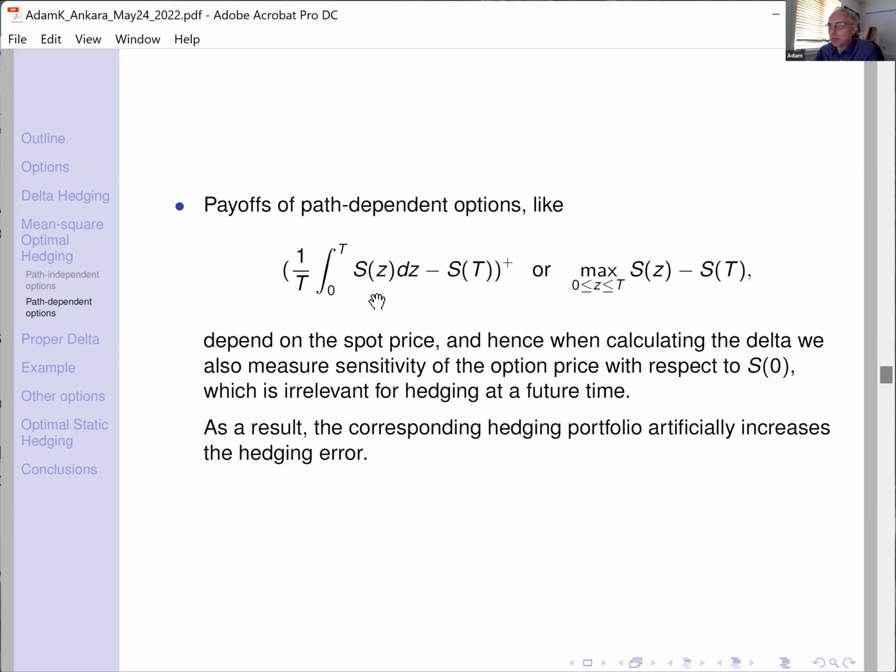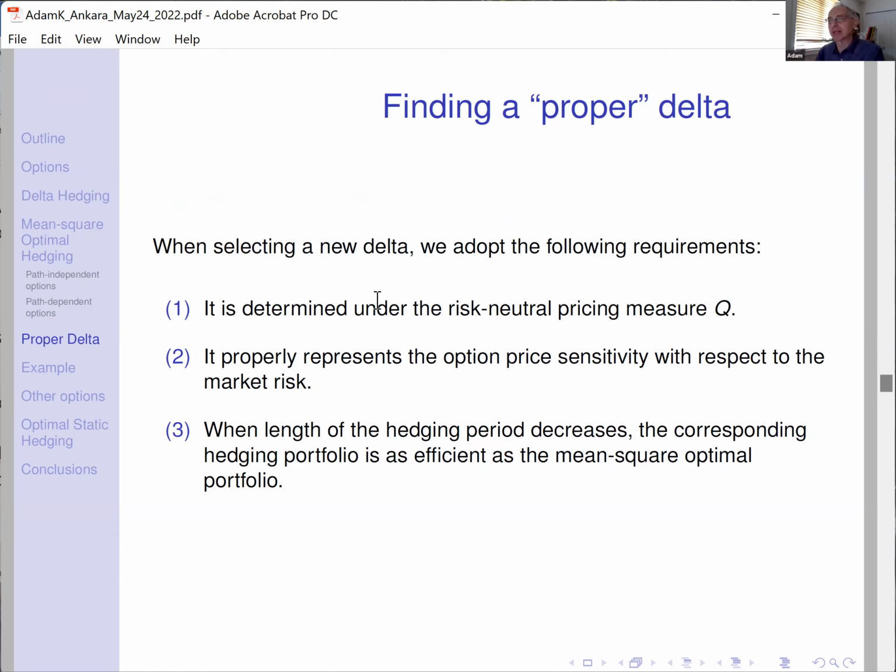So in the context of path-dependent option, this happens constantly, this kind of confounding between payoff and the known current spot price. And the problem is, how do we disconnect them? One way of doing this would be to say, don't use delta hedging, use always mean square hedging. The problem with mean square hedging is we have to identify the empirical measure P, which is really difficult, especially to find the expected rate of return.